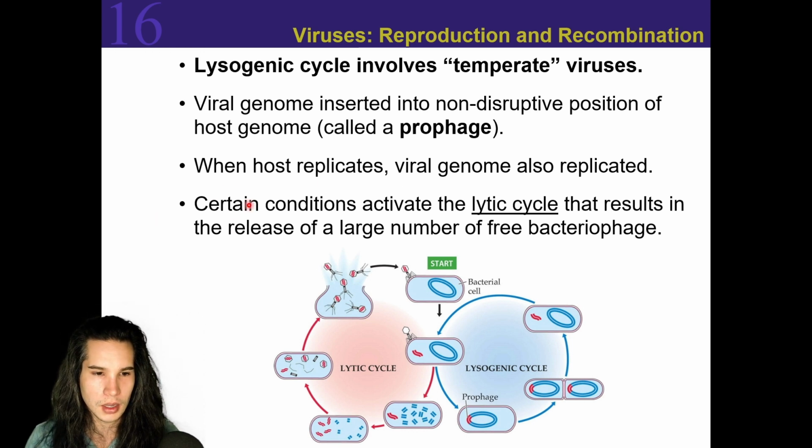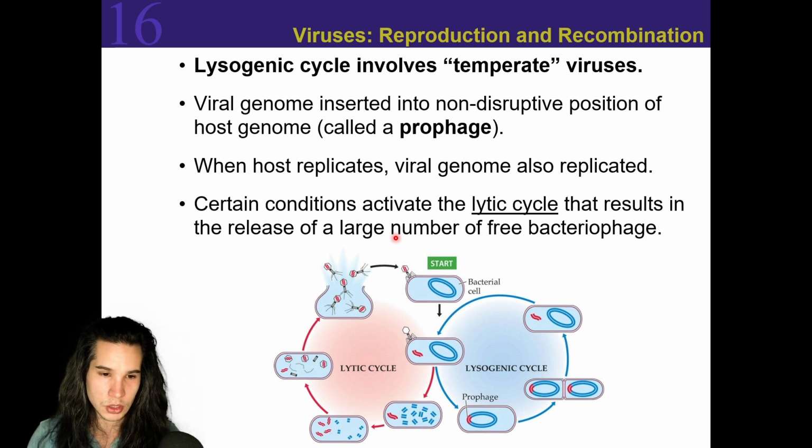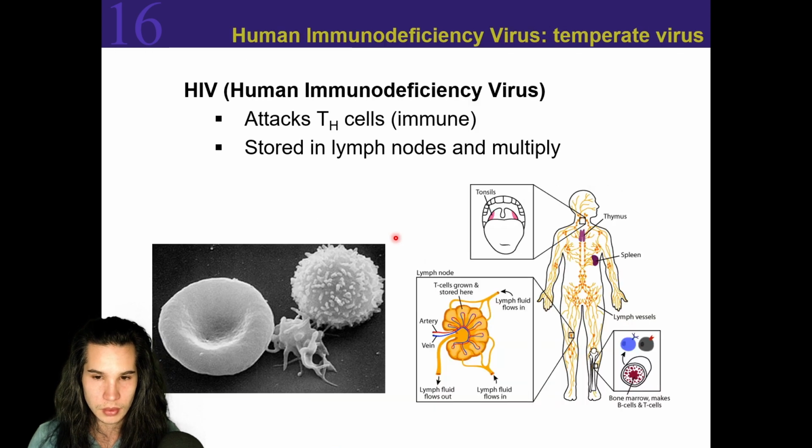And then under certain conditions, it may activate or trigger that virus to enter the lytic cycle, which results in the proliferation of the virus, the breakdown of the host cell, and eventually the release of a large number of free viruses.